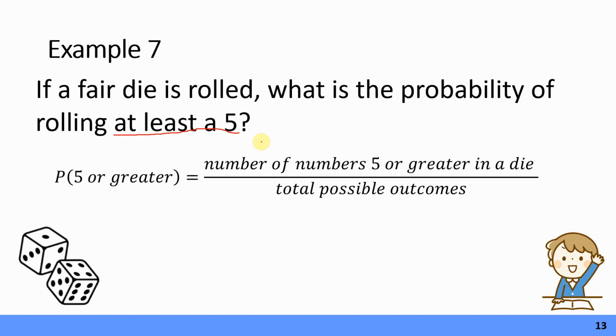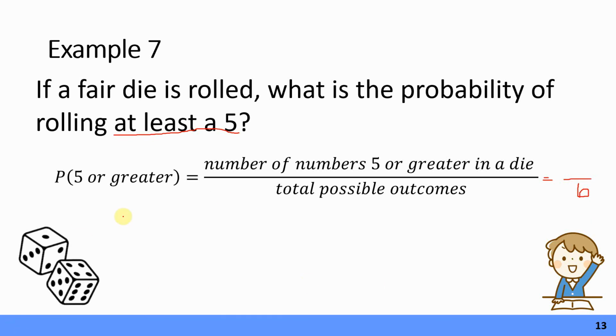So again, you tackle the problem the same way we've been tackling all the problems. It's going to be a fraction. So in a die, what is the total possible of outcomes? Hopefully we all agree now that it's 6. You have a total of 6 outcomes. And how many of those are at least 5? Meaning 5 or greater.